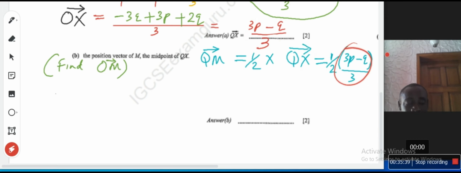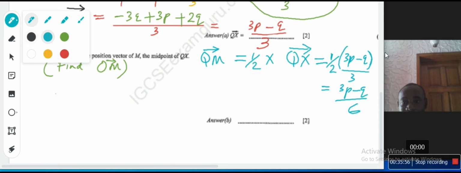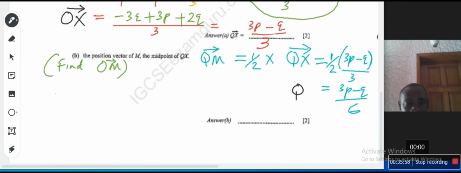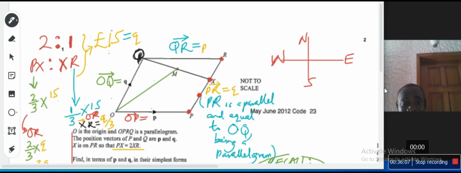Half times this, what will it give us? The 2 is down, the 3 is down, so they are the two that will multiply each other, right? What would that give you? (3p minus q) over 6. That's QM. QM itself is this. So we know QM. Our work is almost done.